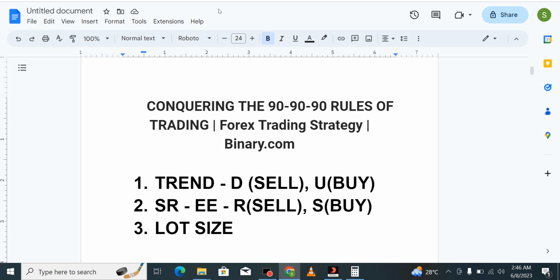In most cases, 90% of traders lose 90% of their capital within 90 days. Some even lose all within 90 days. Based on research, this is a major thing that is common with traders out there.